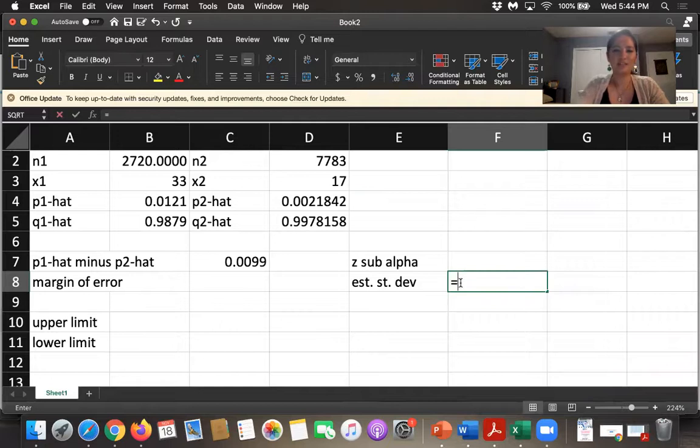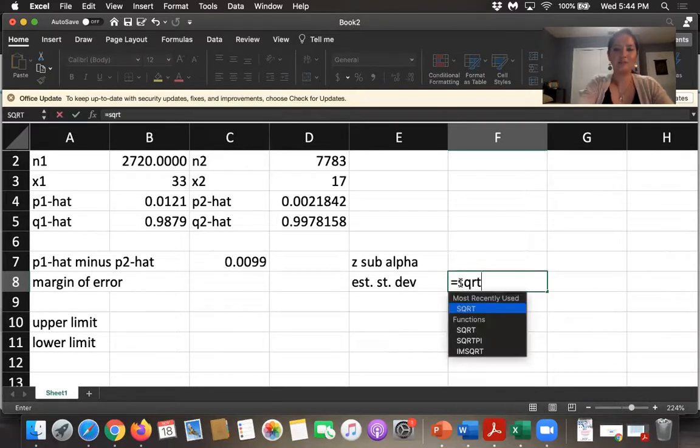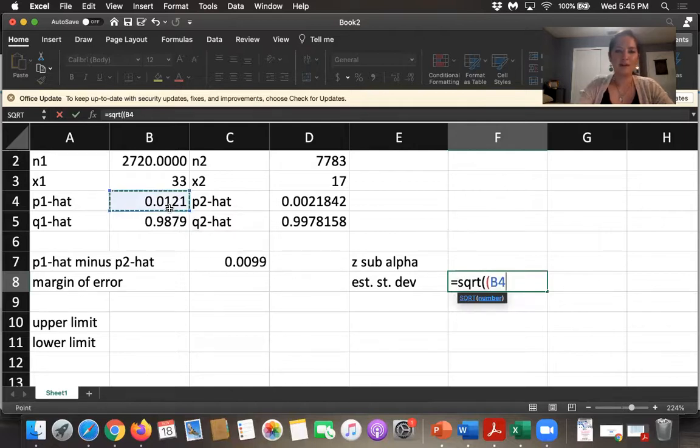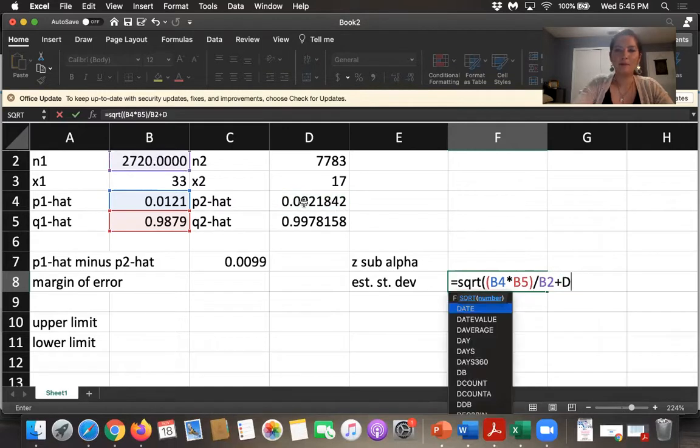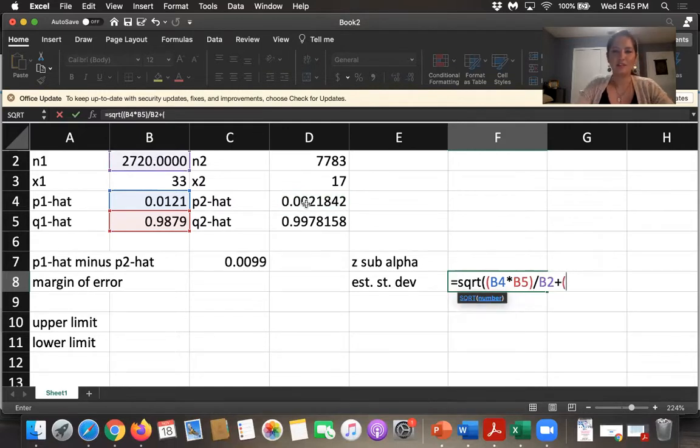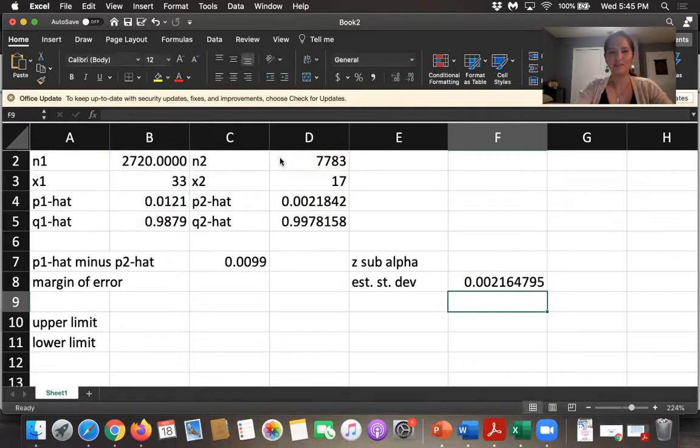So our estimated standard deviation this time is the square root of, open parentheses, P1 hat times Q1 hat divided by the sample size there, plus, open parentheses for that numerator of the next fraction, P2 hat times Q2 hat divided by the sample size over there.